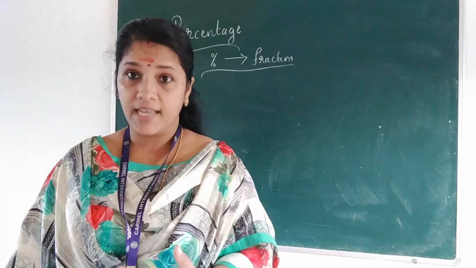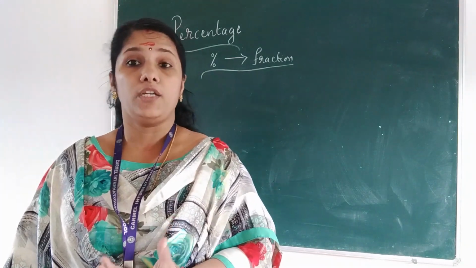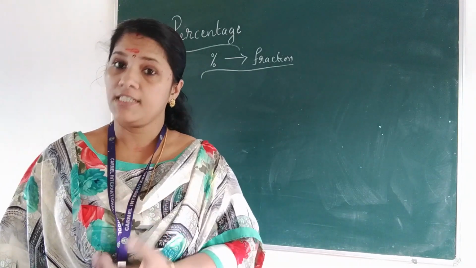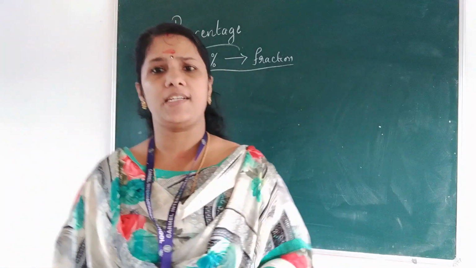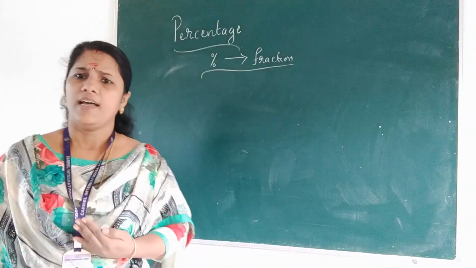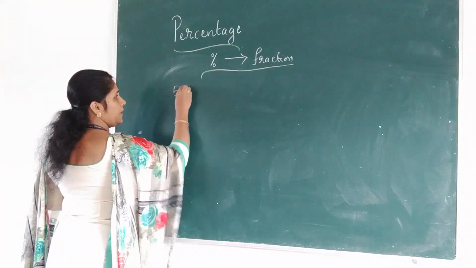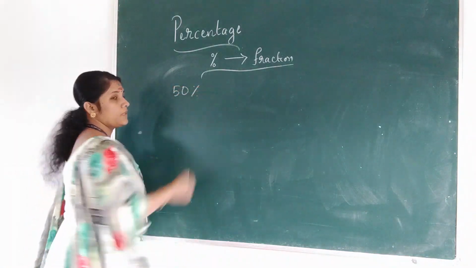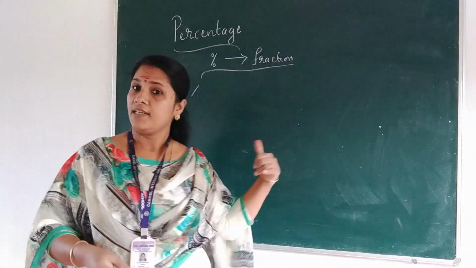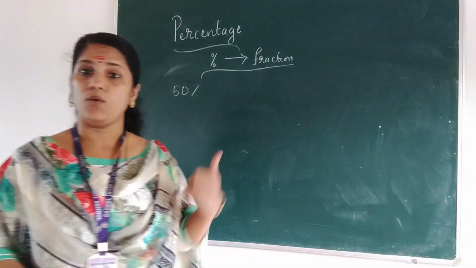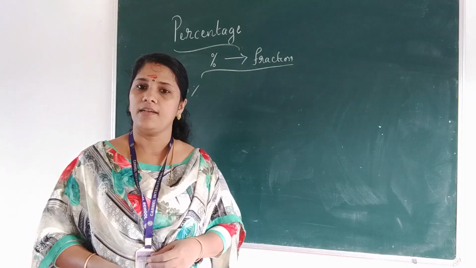How can we convert a percentage into the form of a fraction? If a percentage is given, we convert it into a fraction. It's very simple. Let's consider one example, say 50%. We have learned that the percentage symbol denotes 1 by 100.